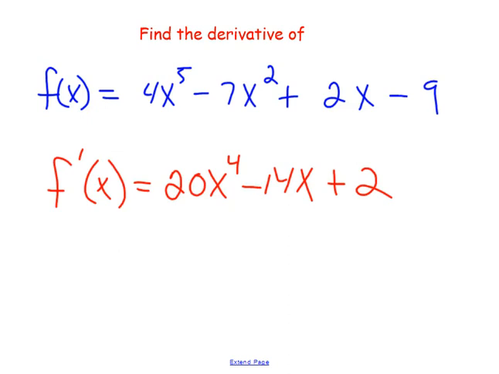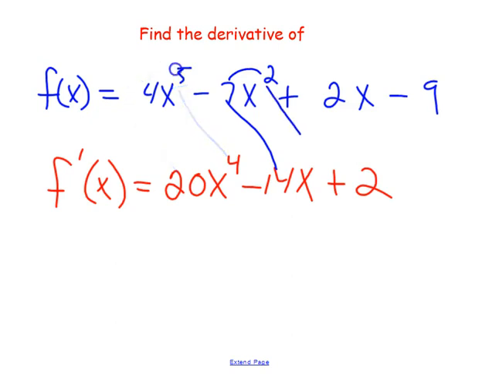Let me run through the steps. First of all, it's the sum or difference of a bunch of things. So in the problem, Corbin, that you were asking about, think of it as a whole bunch of individual little terms that I can deal with. So first one, the 5 times the 4 gets me 20. That's what comes out front. The 5 gets smaller by 1. I take the 2 times the 7. That's negative 14. Comes down front.